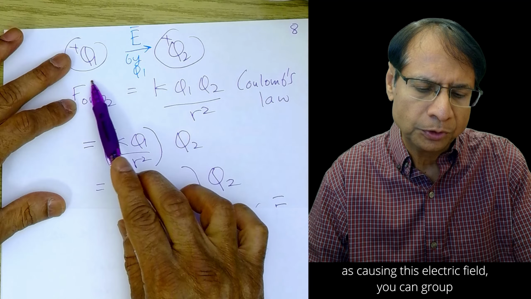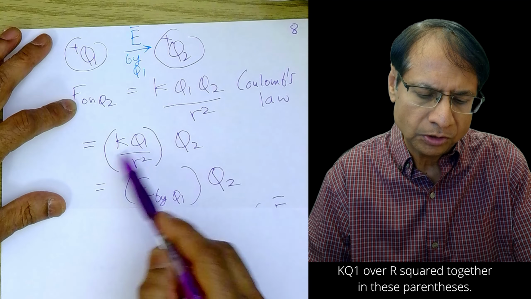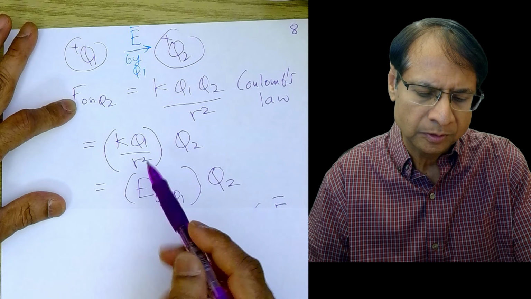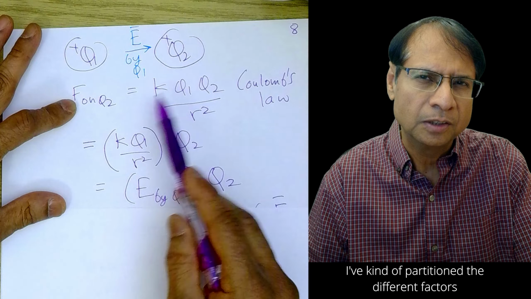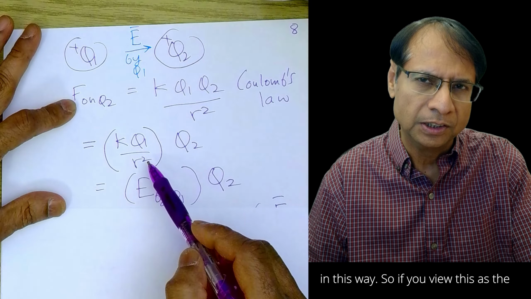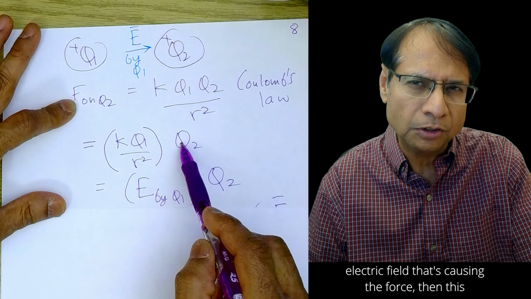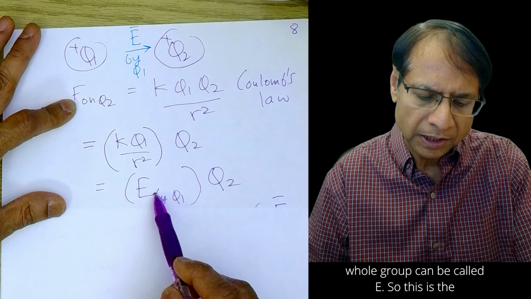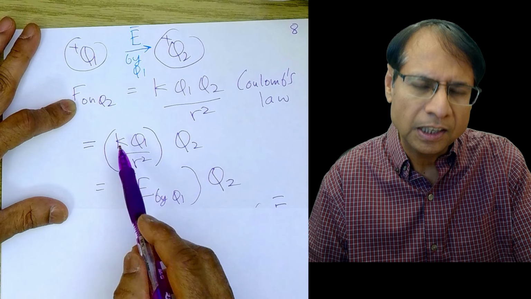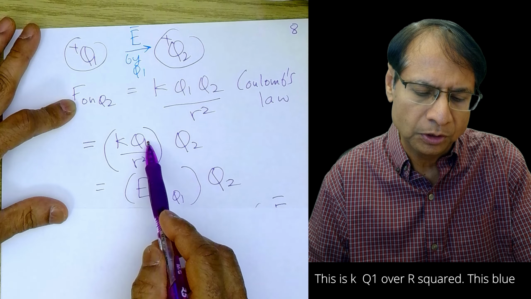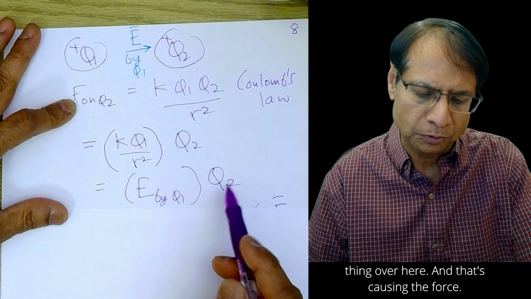If you think of Q1 as causing this electric field, you can group k Q1 over r squared together in these parentheses, and this times Q2. This is the same equation. I kind of partitioned the different factors in this way. So if you view this as the electric field that's causing the force, then this whole group can be called E. So this is the electric field created by the first charge. It's k Q1 over r squared, this blue thing over here, and that's causing the force.